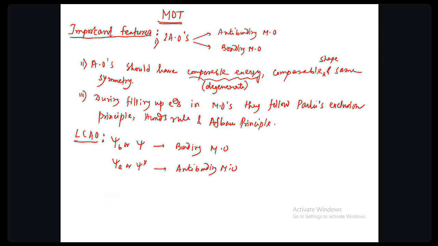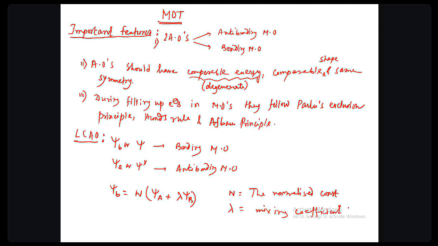Anti-bonding MO. And the linear combination of atomic orbitals says, I'll give a brief introduction, that psi bonding equals N into psi A plus lambda into psi B. That theory we know, where N is the normalizing constant, whereas lambda is the mixing coefficient.